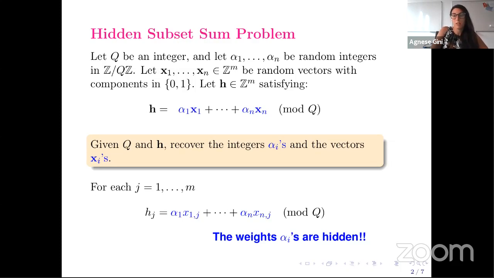In the classic subset sum problem one has to recover only the binary coefficients, but in this case, the weights are hidden too. And for this reason, the classic attacks for the subset sum are not applicable in this case.